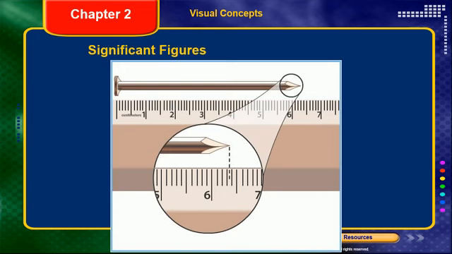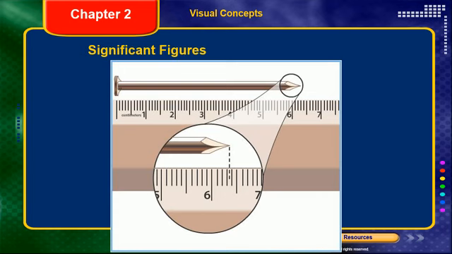It's somewhere in between there. And if I look extremely closely, I see it's about halfway between the 0.3 and the 0.4 marking. I know for sure that it's over 0.3, but not yet 0.4.